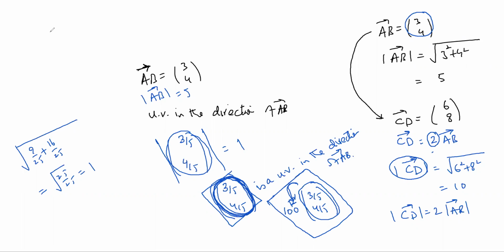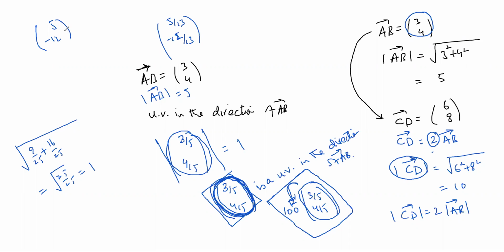Now suppose you have a vector 5, minus 12. You know that its magnitude is going to be 13. So 5 over 13 and minus 12 over 13 is a unit vector in the direction of this vector. Yes or no?